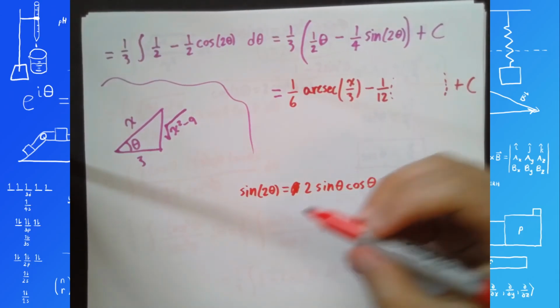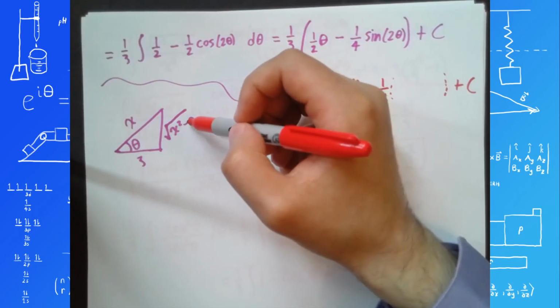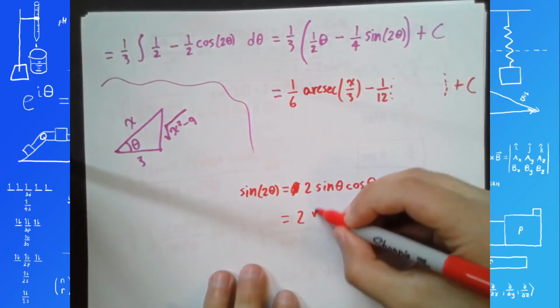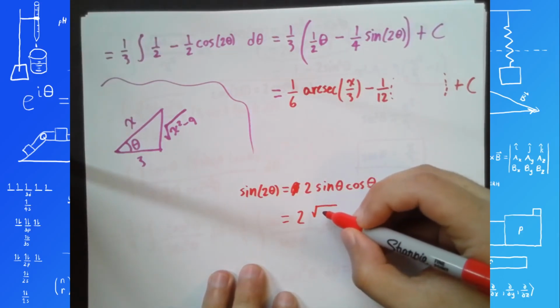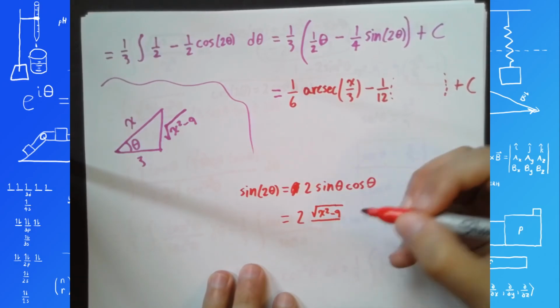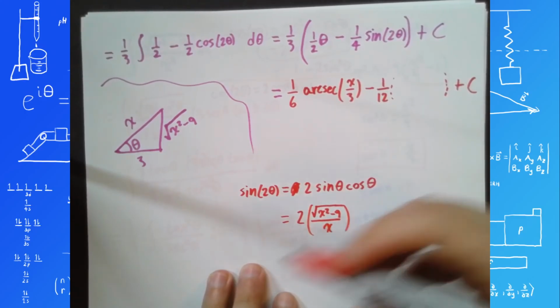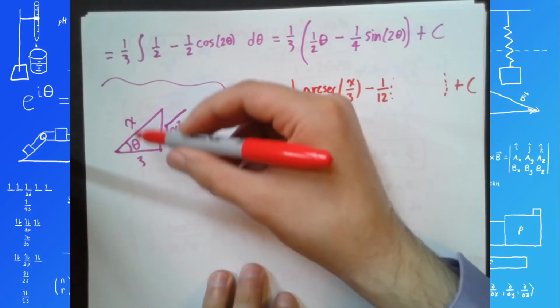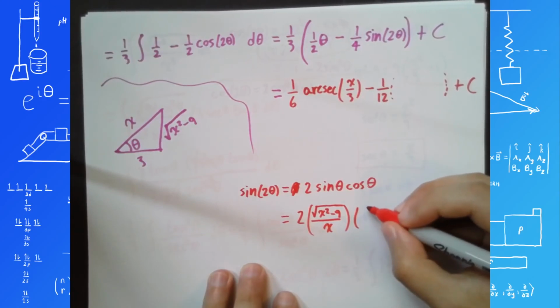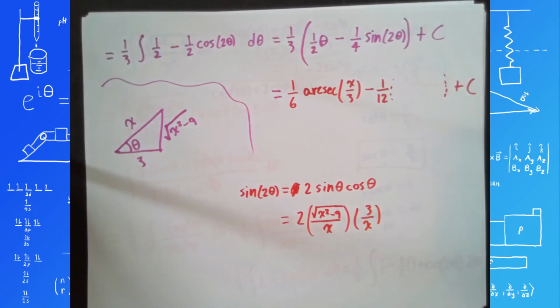So that equals 2 times, sine of theta is opposite over hypotenuse, the square root of x squared minus 9 over x, according to our reference triangle, times cosine theta, which is adjacent over hypotenuse, or 3 over x. And yeah, there you go. Not too bad at all.